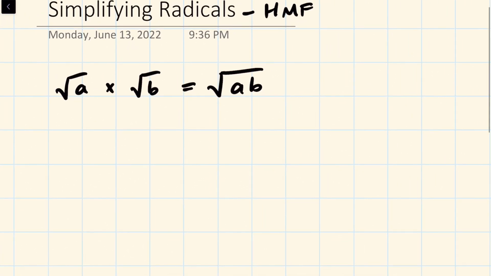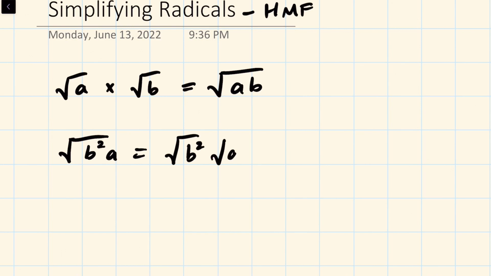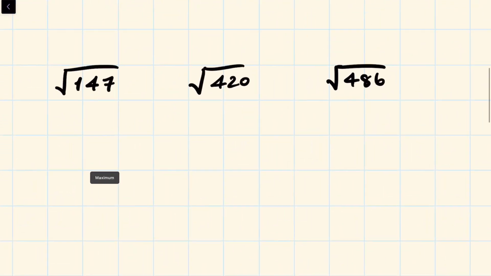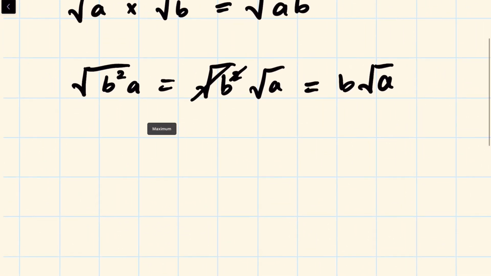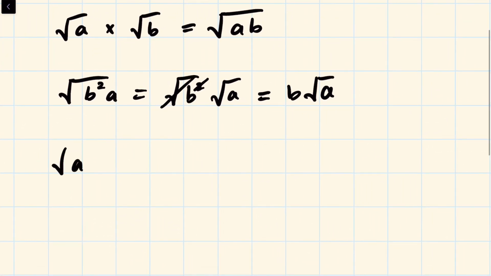And similarly, if you have b squared times a, that's equal to root b squared times root a, or just b, because the square and the square root cancel out, b times root a.